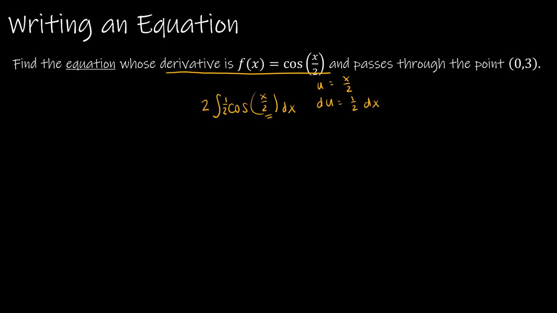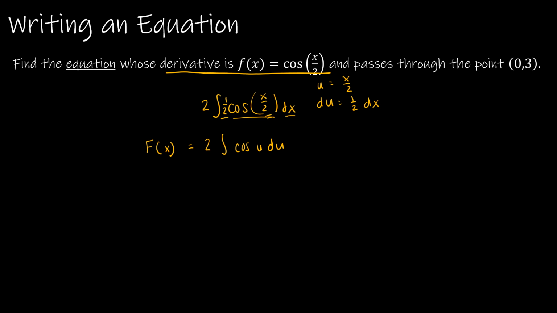So now I have that the original function is equal to 2, and then now I'm going to integrate cosine of u du. So 1/2 dx was the du, and then cosine of u.